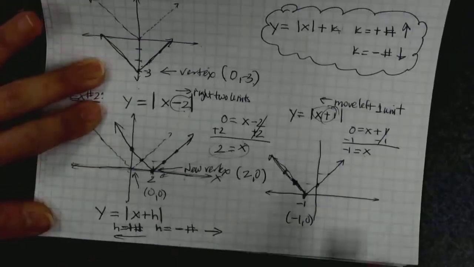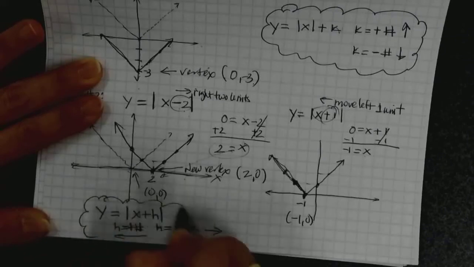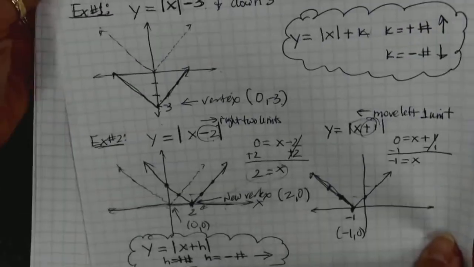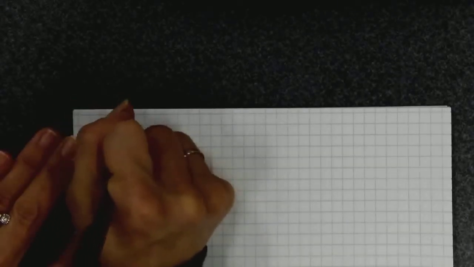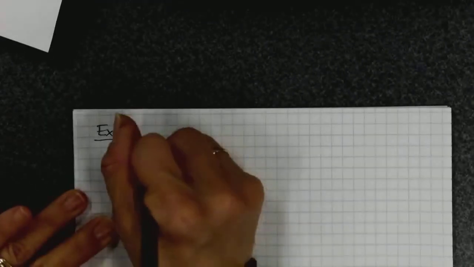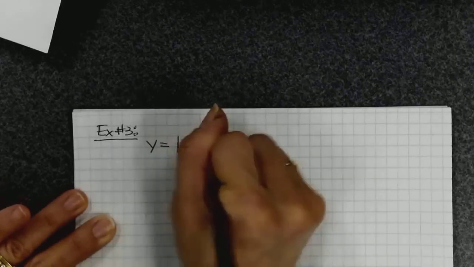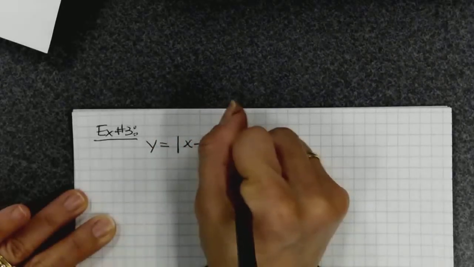So we're going to put it all together, and we're going to move it both up or down, and left or right. So in this case, in example number 3, I have an equation of an absolute value that looks like this. y equals absolute value of x minus 2, and then I have plus 3 on the outside.